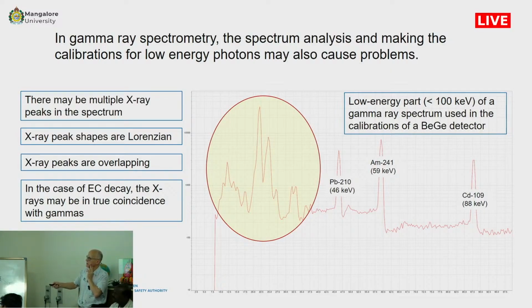And for example, in the case of electron capture decay, the X-rays may be in true coincidence with gammas, which might cause additional peaks on the right side of the gamma peaks.